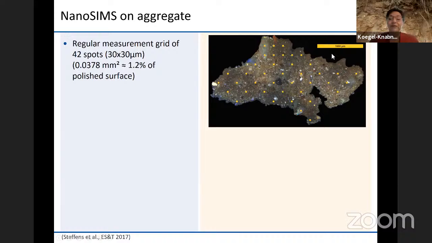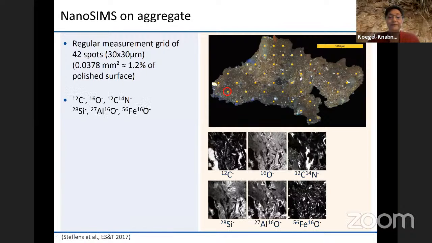So the 42 measurements on this grid correspond to about 1.2% of the polished surface. And we looked at carbon, oxygen, nitrogen, Si, aluminum, and iron.